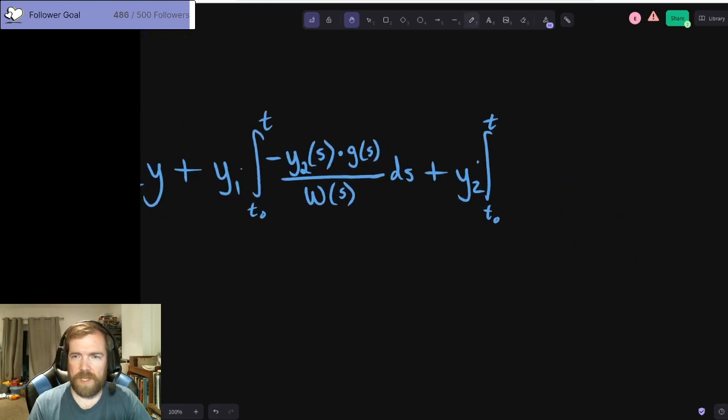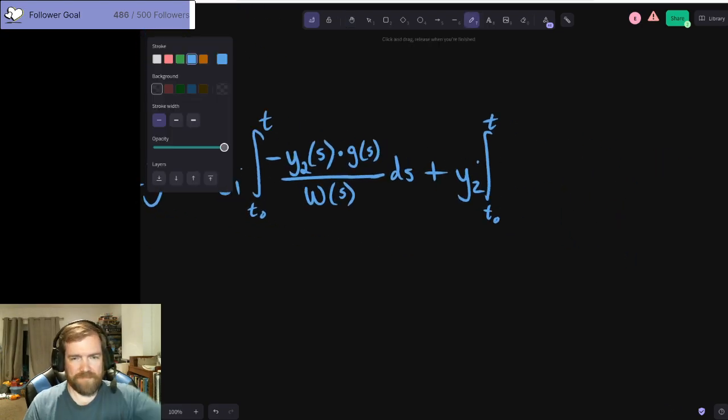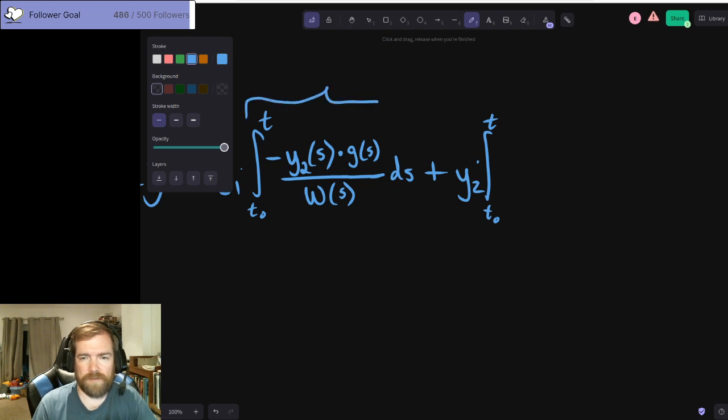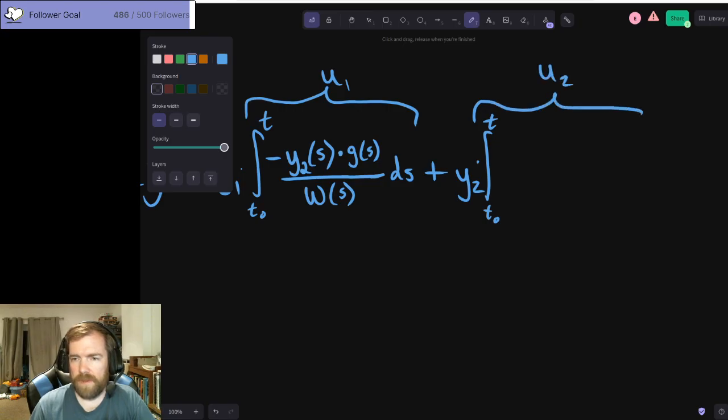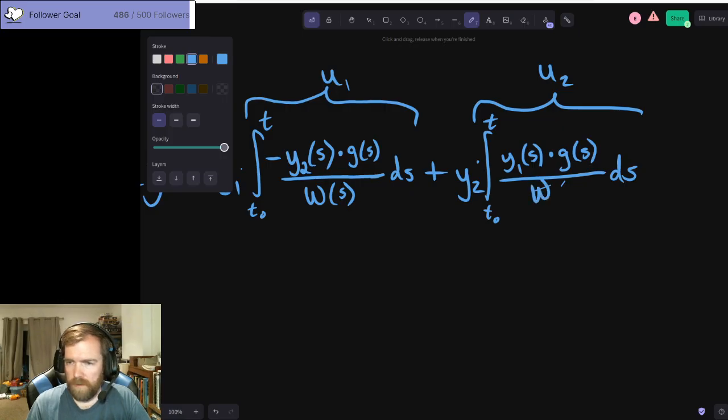Right, this stuff is u1. And then all this stuff here is going to be u2. y1 of s times g of s, ds on the end, and the Wronskian in terms of s on the bottom again.